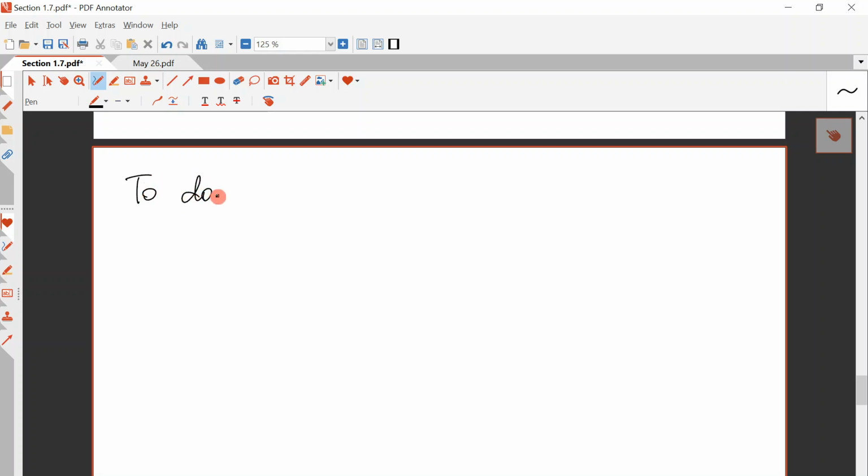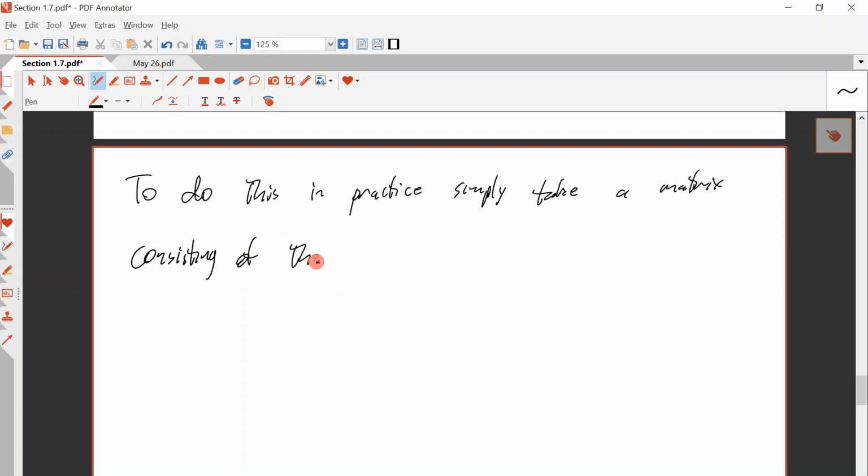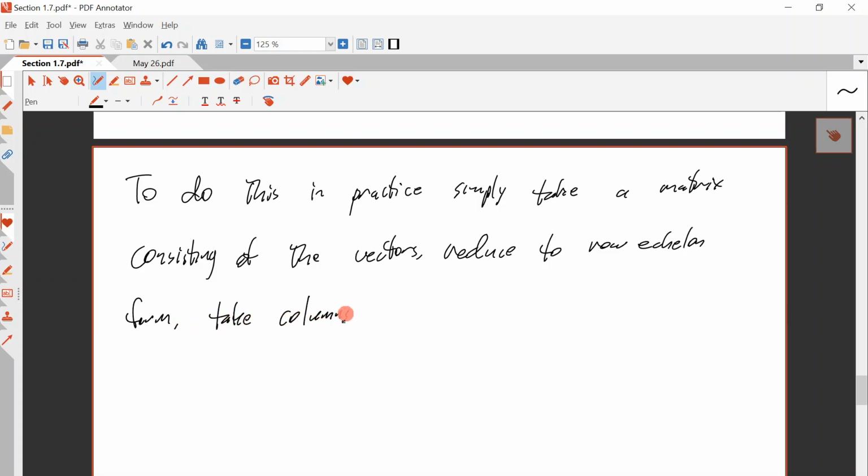So to do this in practice, simply take a matrix consisting of the vectors, reduce to row echelon form, and take the columns that are pivot columns.